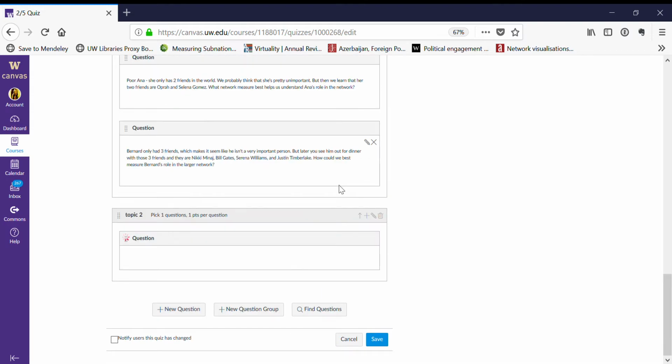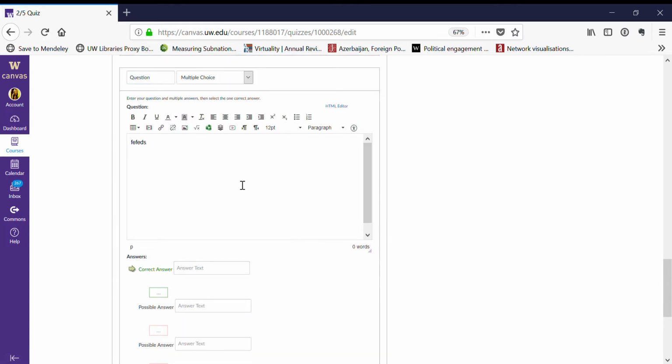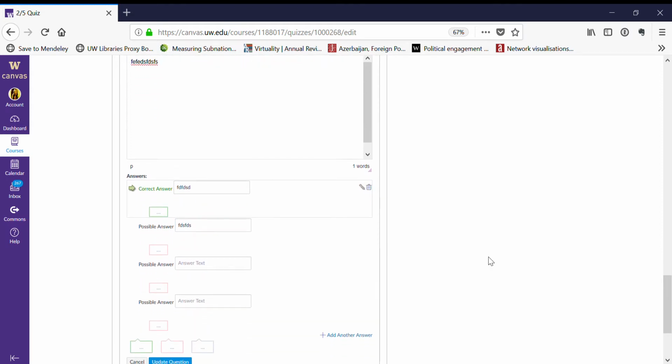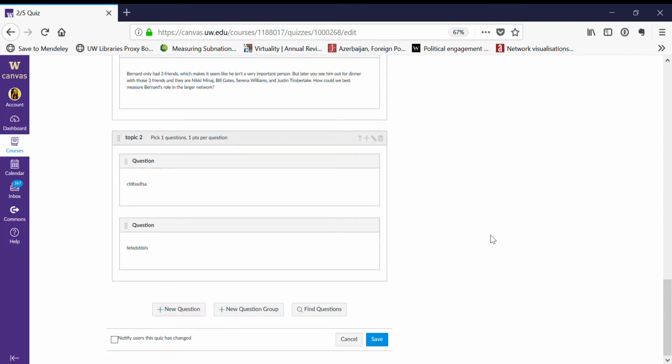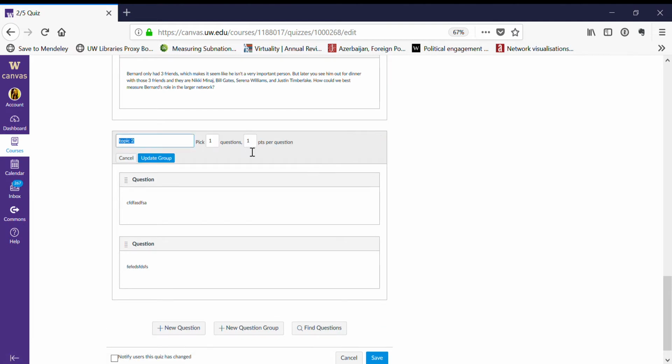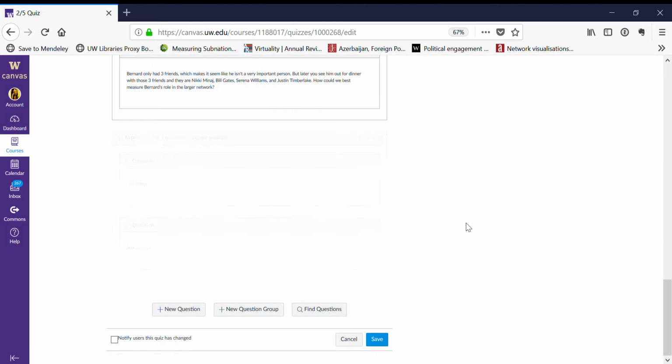Update the question. And then I'll ask a variation on the exact same question for the second one. And because you have set it up to shuffle answers, you don't need to worry about shuffling these correct answers in here. You can just make the first one the correct answer all the time. But then you've got to remember that you tell Canvas, hey, only pick one of these 2 questions.